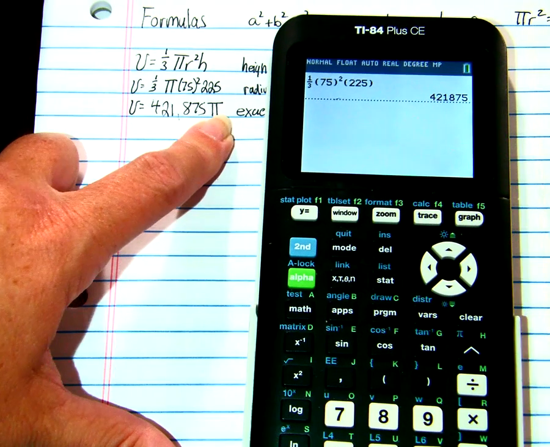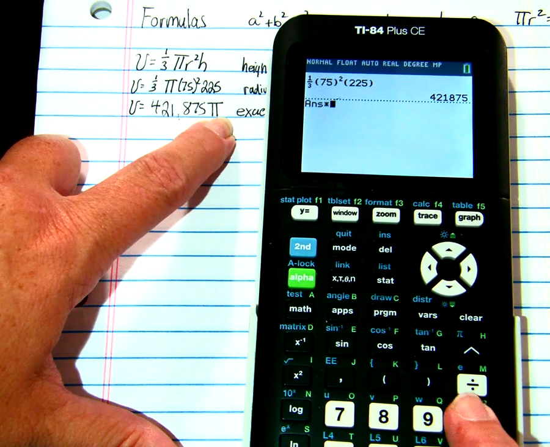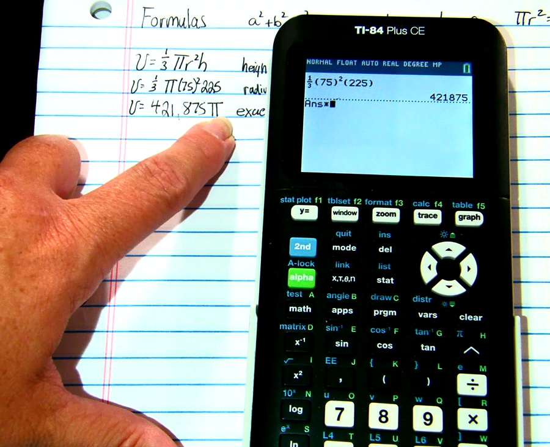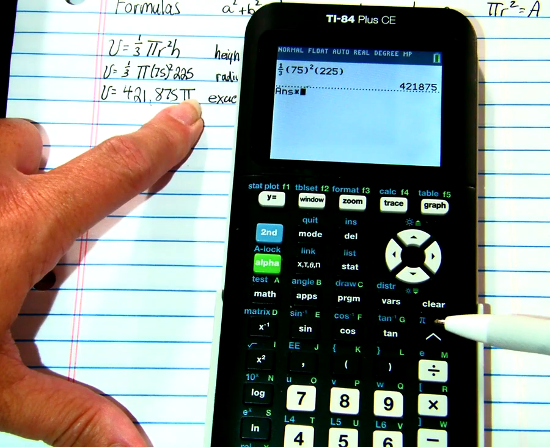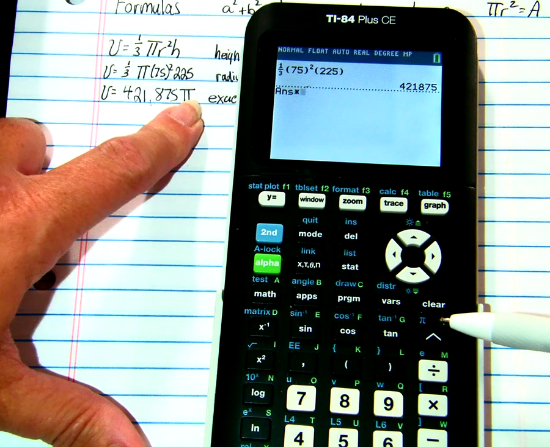So right here, I'm just going to press times, and it's going to say the answer, meaning it uses that previous answer. And I have a pi button right here. It is the second function on my caret key. Do you see that?